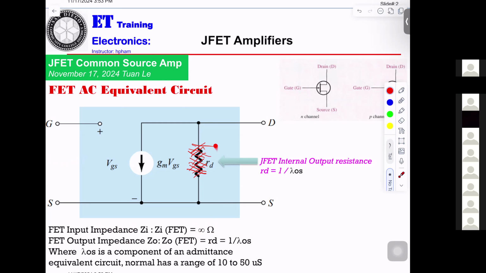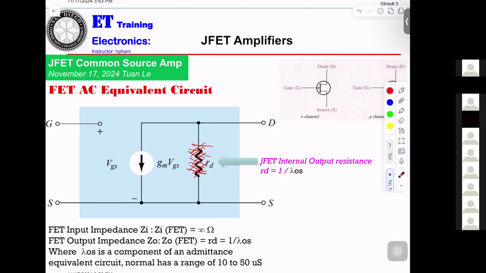We're not using that anyway. Later on, when you connect the load, you will see that. If they say rd, that means our internal output impedance, not using.